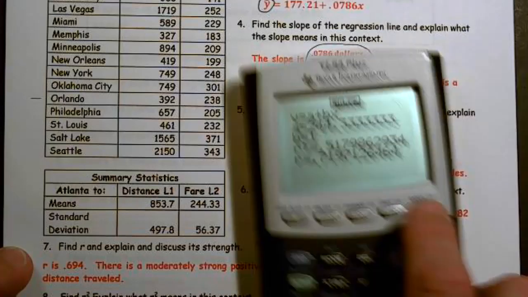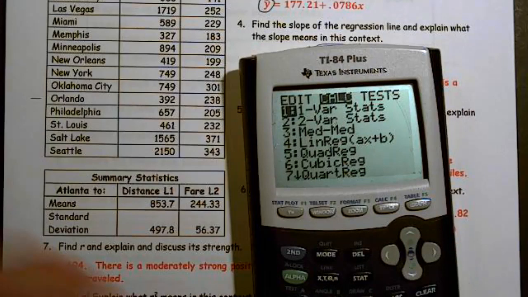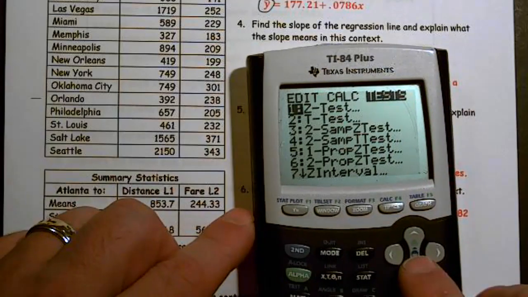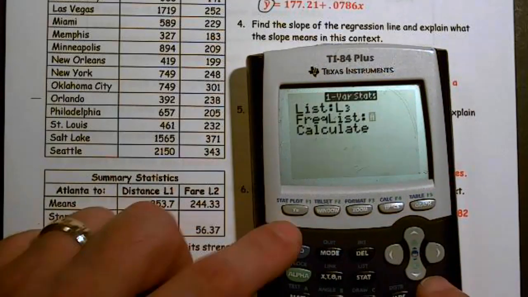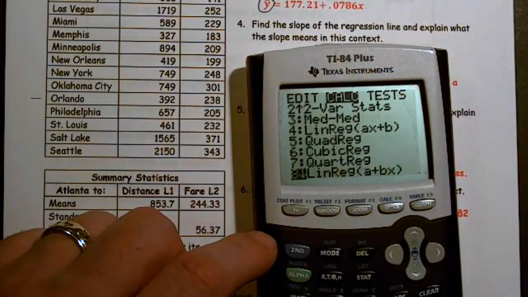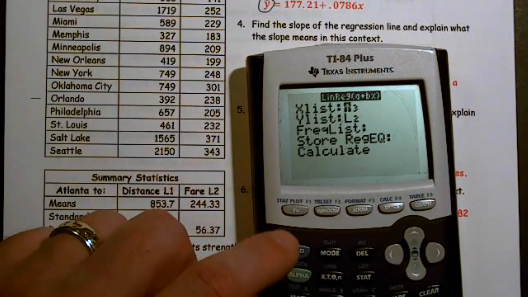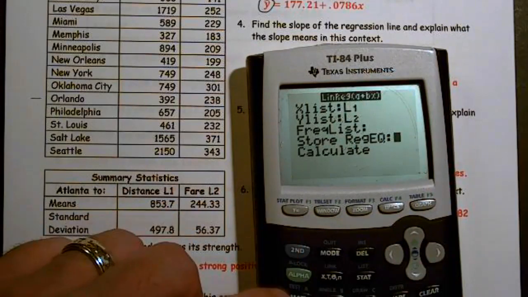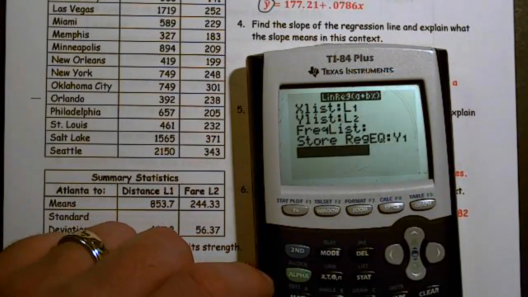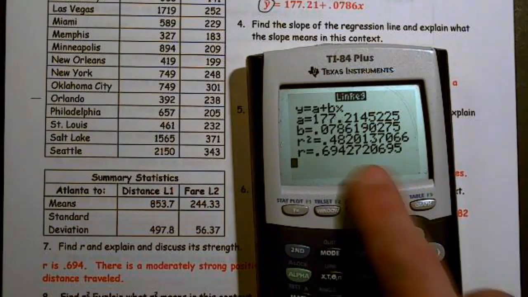Let me go back and check that real quickly. Stat calc. Linear regression. Oops, that's what my problem is. Second one. Alpha trace. There we go, 0.694.